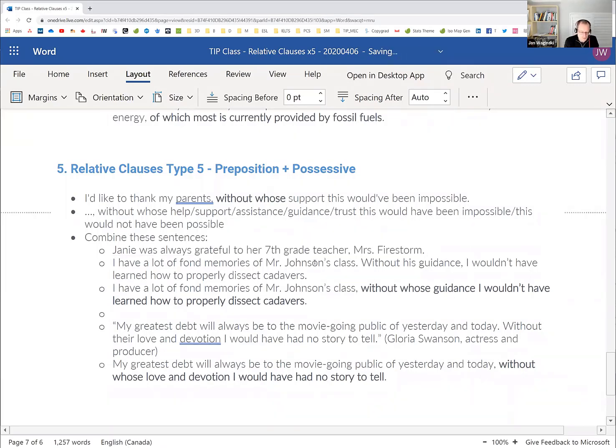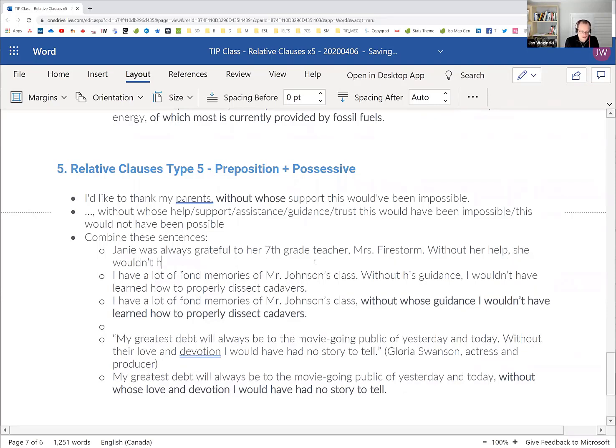So let me just make a quick sentence here. Without, again, we see her help, she wouldn't have learned how to write essays. Okay, so how do we transform this one?